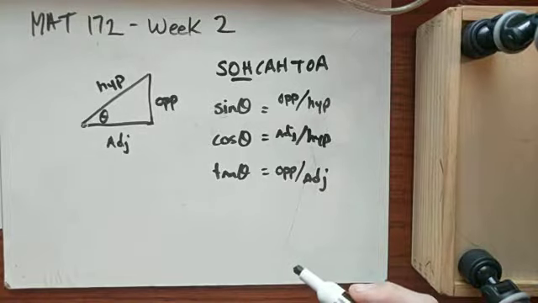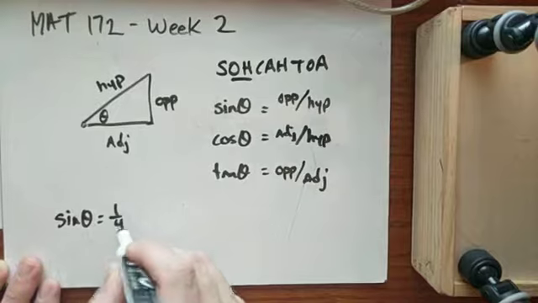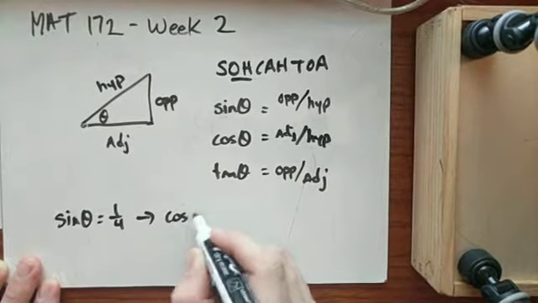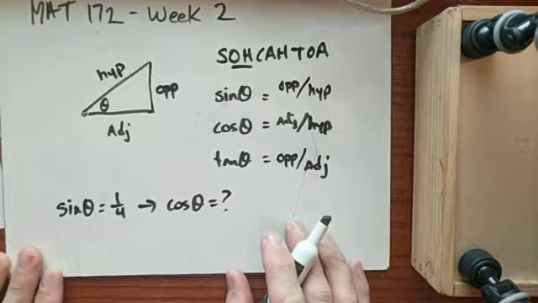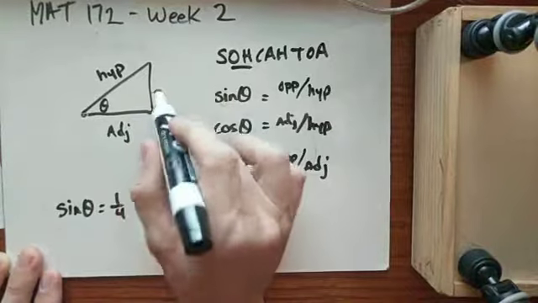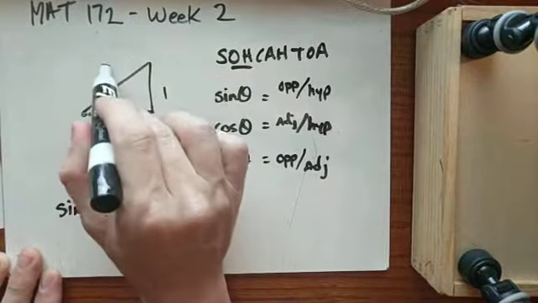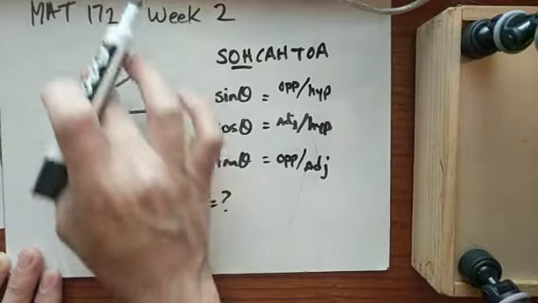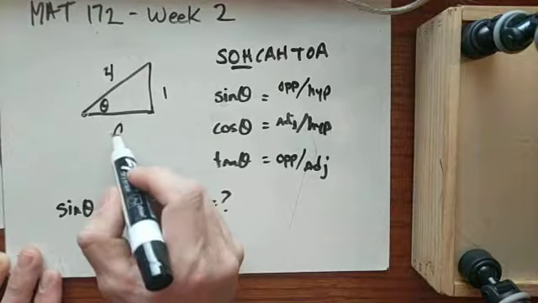And let's say that you know the sine of theta is 1/4. What's the cosine of theta? Well, you could put 1 as the opposite and 4 as the hypotenuse, and then I don't know how long this side is, so I'm going to call it a.